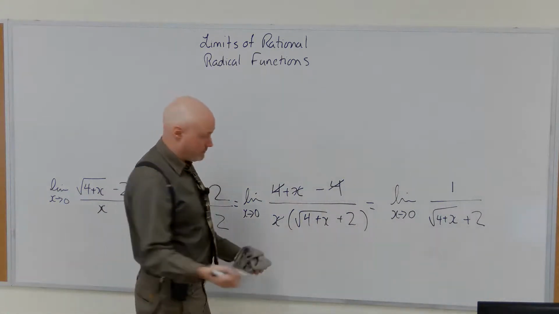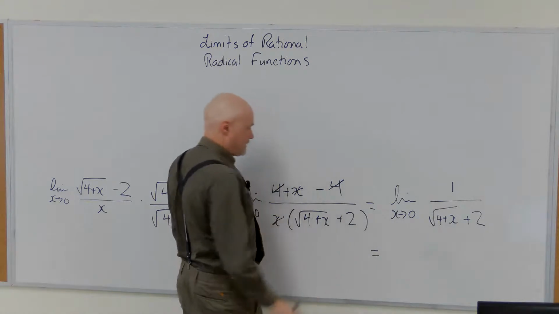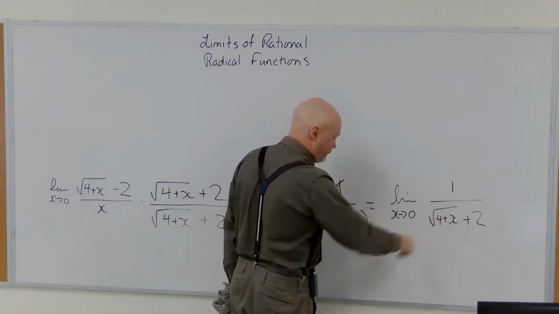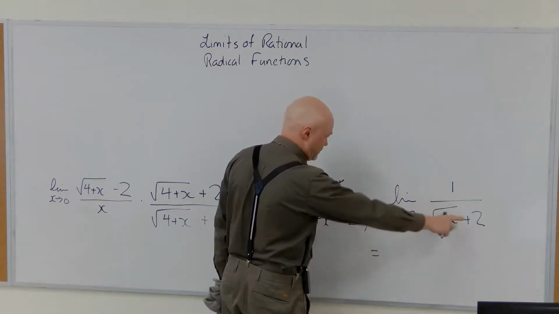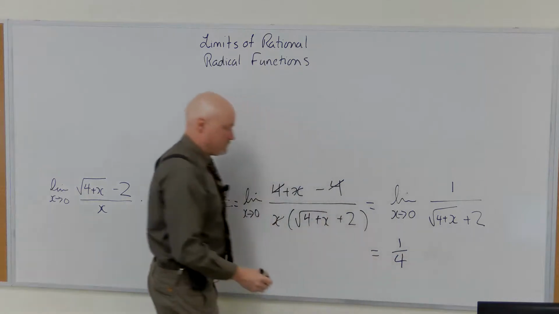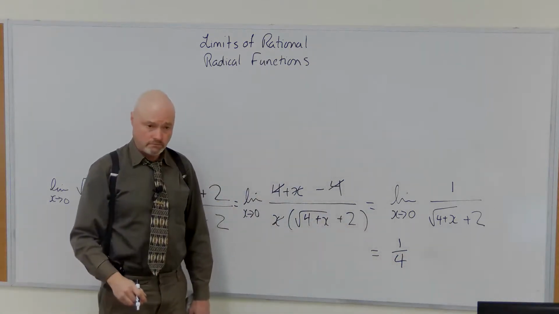Now I can try it out and see if I don't get that 0 over 0 that we don't like so much. 1 over the square root of 4 plus 0 is 1 over 2 plus 2. And 2 plus 2 is 4, so the answer is 1/4.